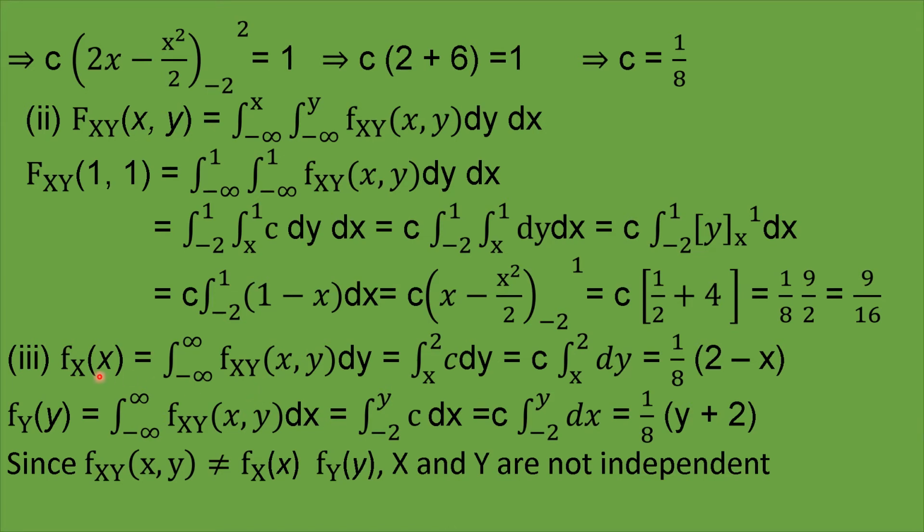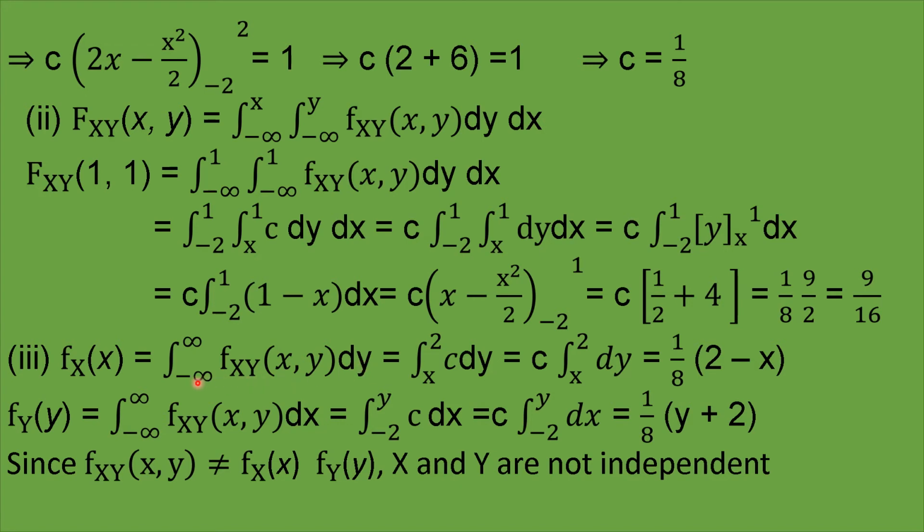Third one. Marginal probability density function of x, fx of x. By formula it is integral -infinity to +infinity fxy of x comma y dy. Remember, marginal probability density function of the continuous random variable x is this integral with respect to y.